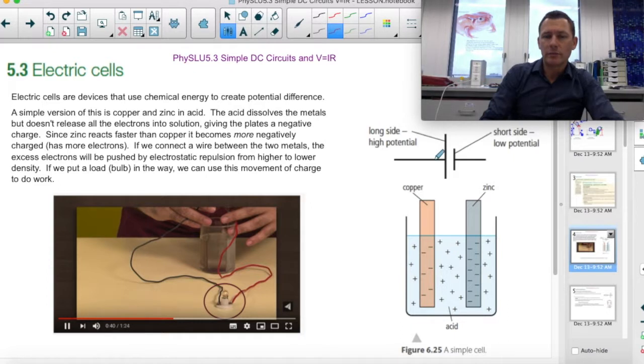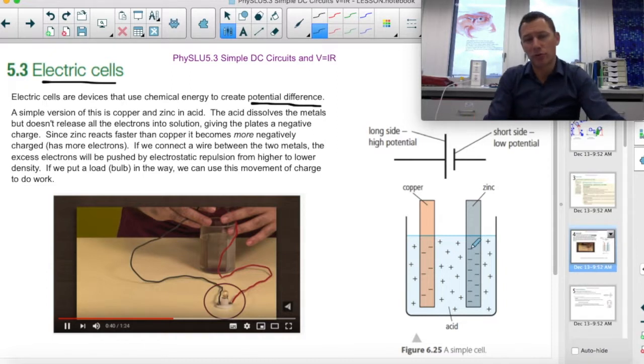So one of the ways to move charges is with an electric cell. We might call it a battery, and all it is is something to create a potential difference, right? A difference in charge. One of the most basic ways to do this is with different metals that have different electrical properties. So basically, you could use copper and zinc, and you put them in an acid bath.